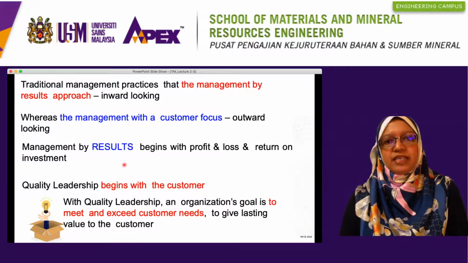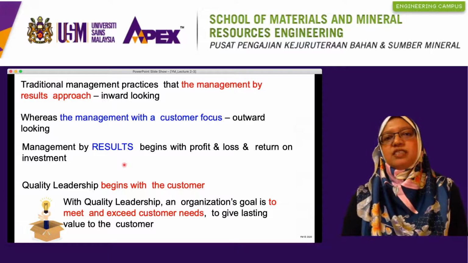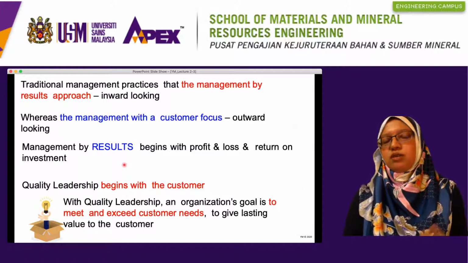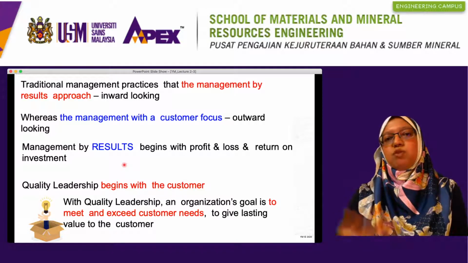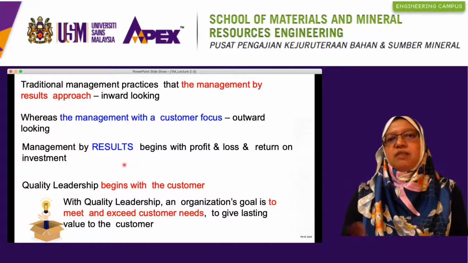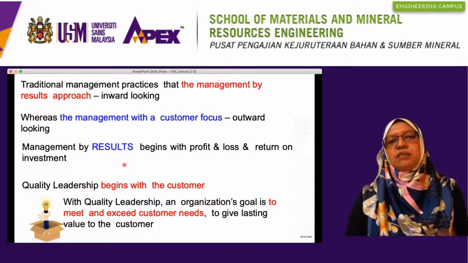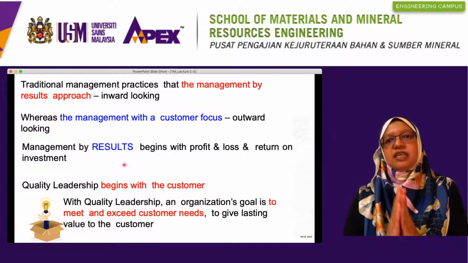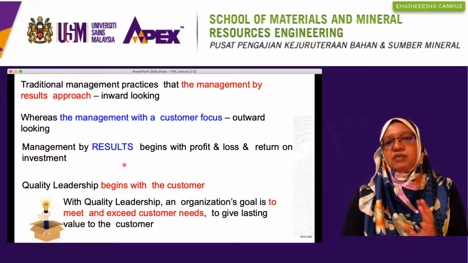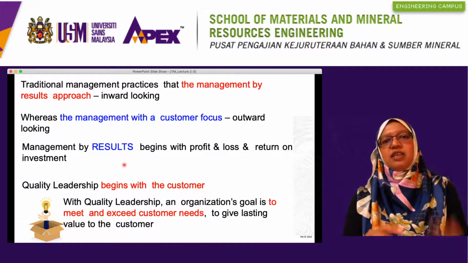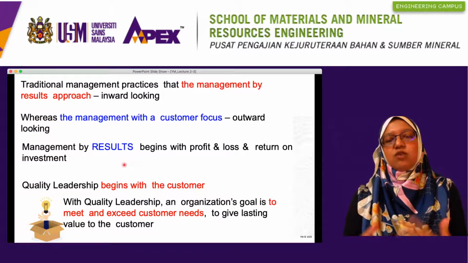In the traditional management practice, the management by result approach is known as inward looking, or more like reactive as compared to proactive. Don't worry, we will learn about proactive and reactive in a bit. Whereas management with a customer focus is known as outward looking, because their aim is the customer needs, and then they work out what to do to meet the customer needs or requirements.